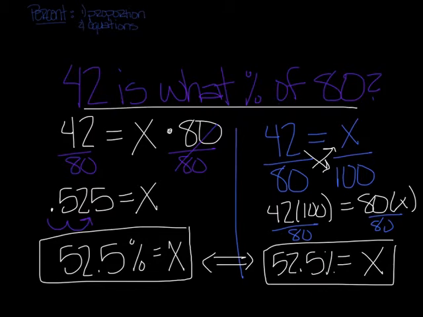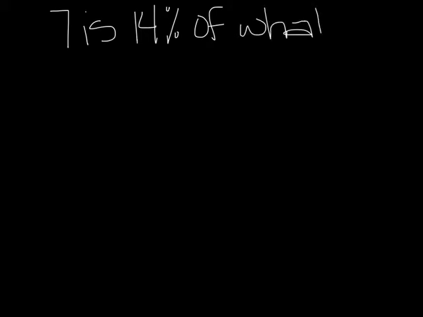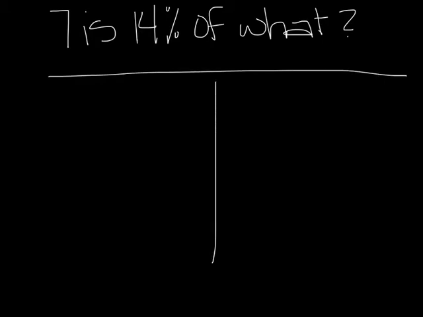Let's take a look at another example. Let's say on this one we have 7 is 14% of what? Okay, so again, I want to do the two different strategies. So let's start with writing the equation. We have 7 is 14%.